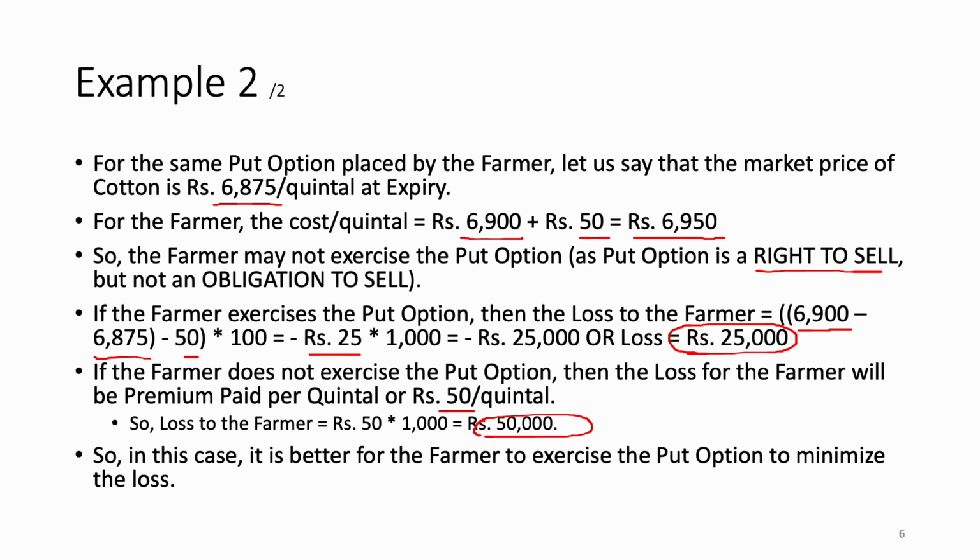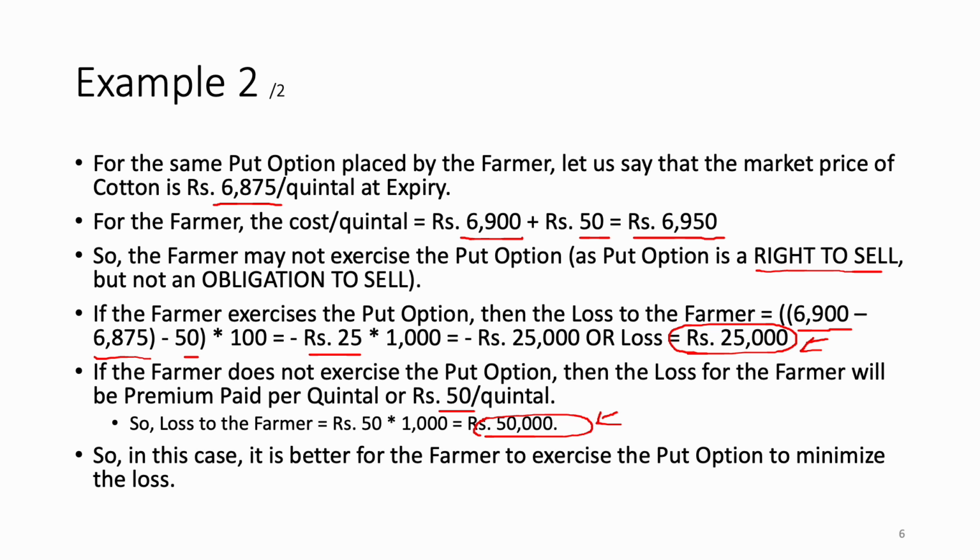So here the farmer sees that if he exercises the put option, though the price has not fallen decently, he will suffer a lesser loss as compared to if he does not exercise the put option. So in this case, the farmer will exercise the put option.